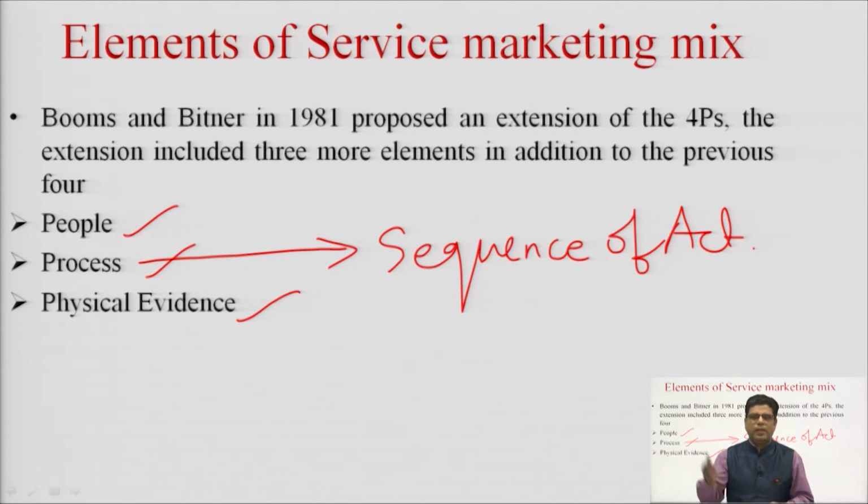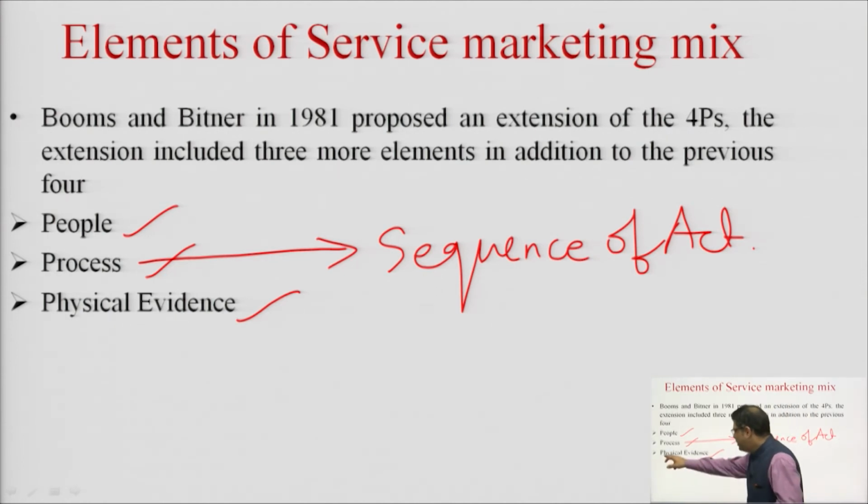We go to the bank, we take the bank account opening form, we fill the form, we attach whatever documents are required, and then we submit that form with the documents at an appropriate place, and then the verification happens, and after verification we are given an account number. So, for every service there is a process, there is a set routine, there are certain sequences of activities which are followed in order for the customer to get the service. So, therefore, process is one important element of service marketing mix.